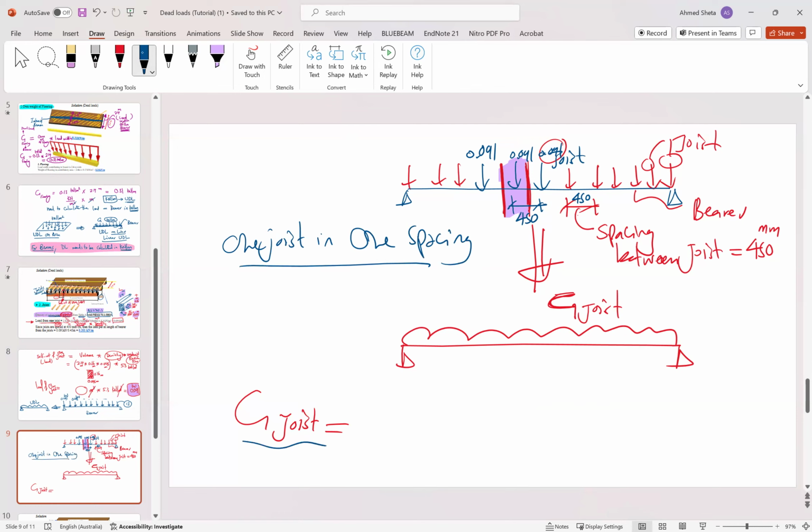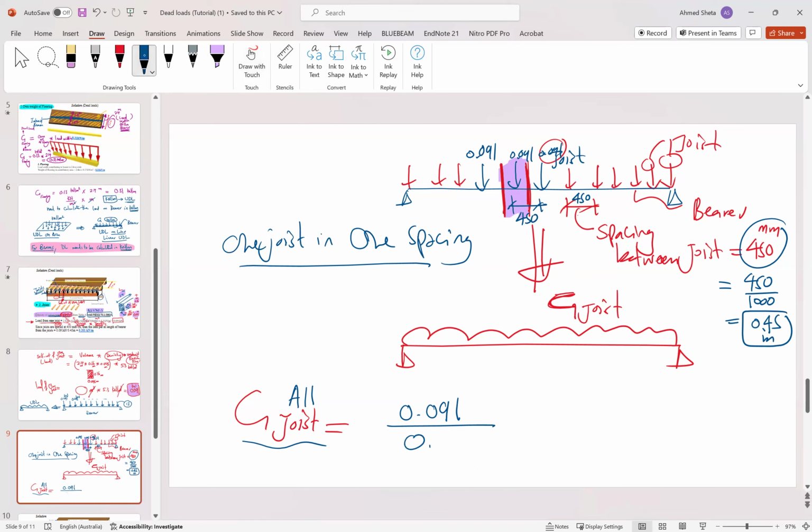So G from all joists will be 0.091 divided by 0.45 meter. Again, this is in millimeter, so we need to convert it to meter because all the units are in meter, so it will be 0.45 meter.